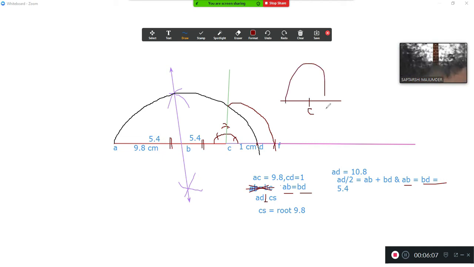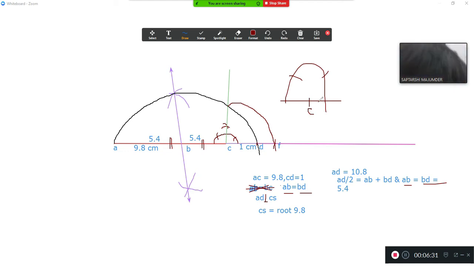Take length, make an arc. After making an arc, without changing that length, keep your compass needle at this point or this point. Remember, if you take your compass at this point, then make an arc here, and again place your compass needle here and make an arc here without changing the measurement. I am again saying without changing the measurement.